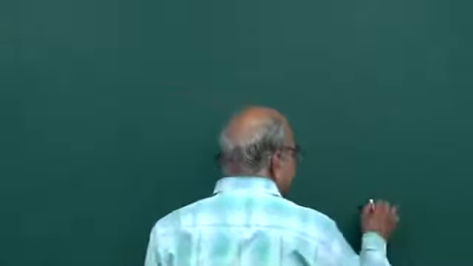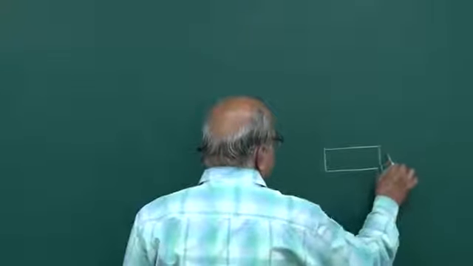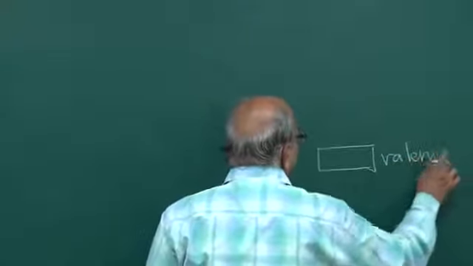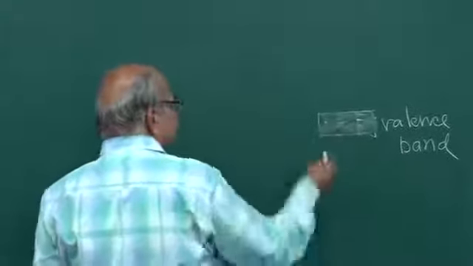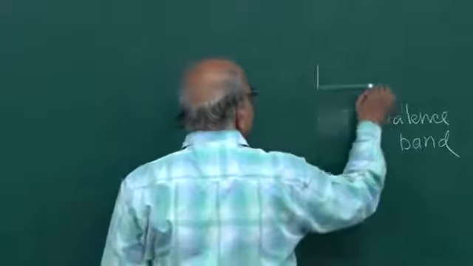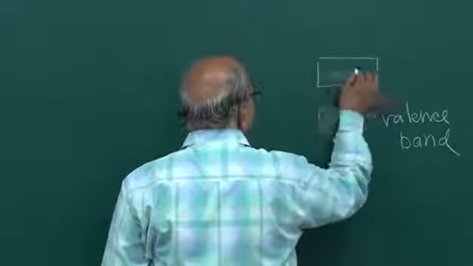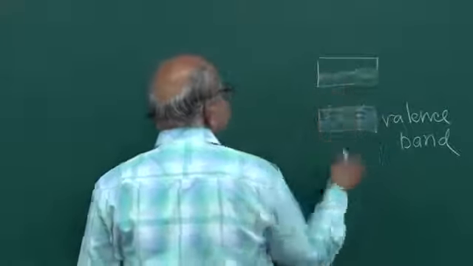So you can have a situation where you have a valence band, and by definition this valence band is completely filled. So this is the valence band, all these states are completely filled. And then you have the conduction band, which is partially filled. So this is one kind of situation, and I remind you I am talking of low temperatures only.